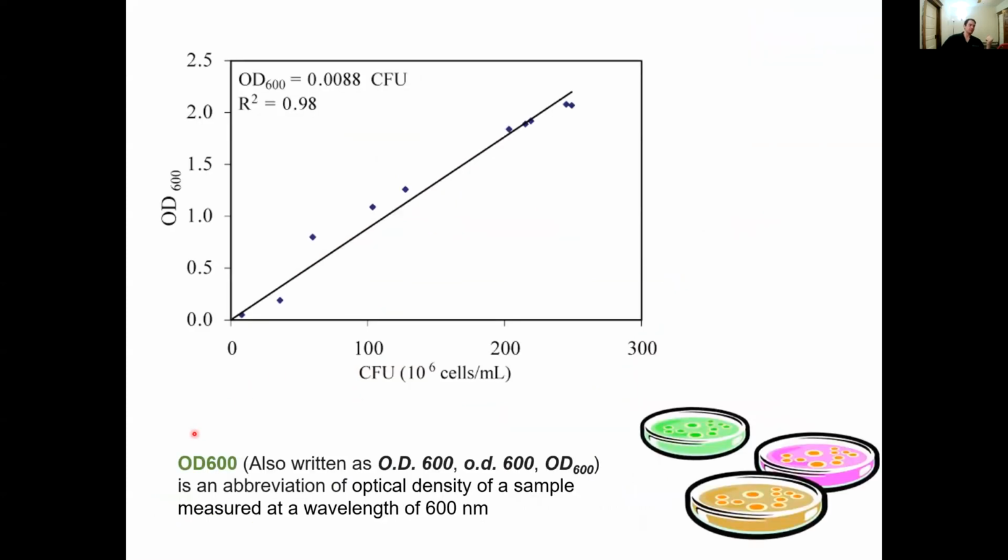Something here I want you to know is that relationship that we were speaking about: the OD600, which is an abbreviation for the optical density of the sample at 600 nanometers, and the colony forming unit. You can think of this as the number of cells, the number of organisms. There's that proportionality I was speaking about, and this is used to estimate how quickly the organism is growing.